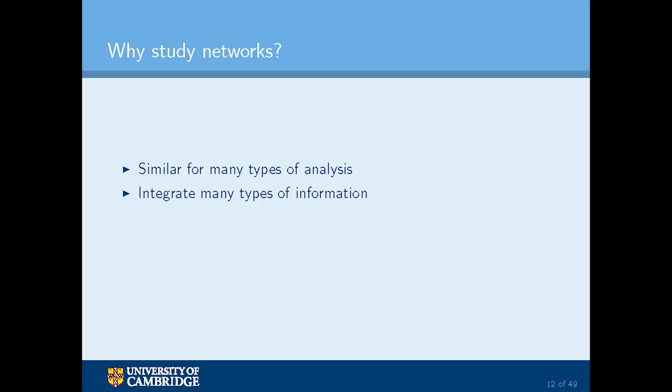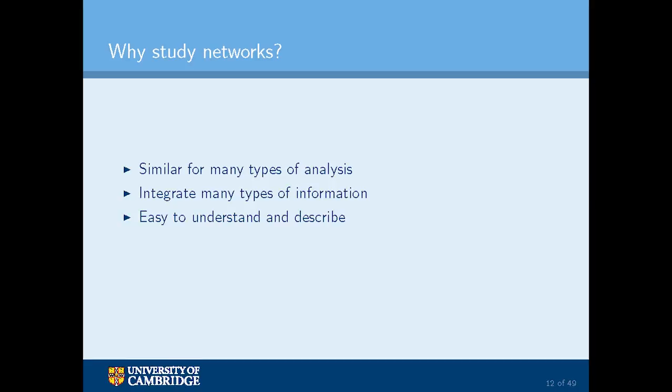It's also something that if you talk about this to people, they'll understand it. It's very easy to grasp the concept of a network, versus very advanced statistical techniques. You can't go up to someone on the street and start talking about your ANCOVA or something.